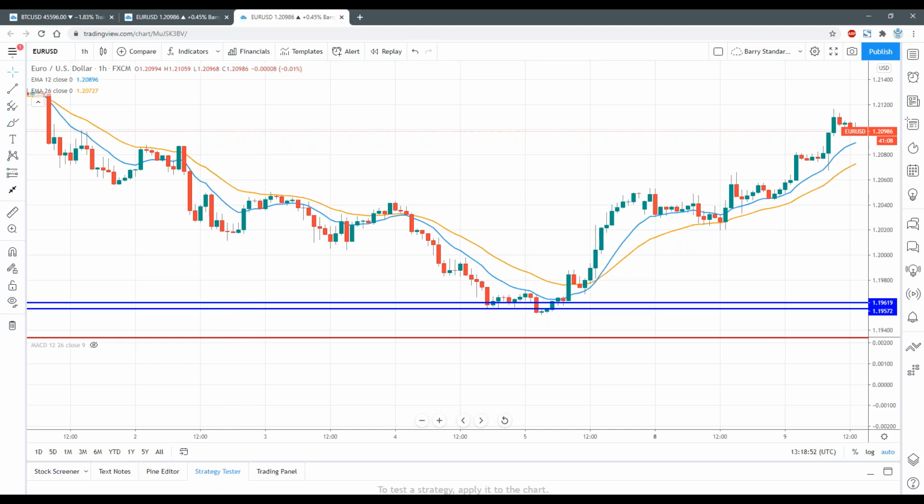So if we were to take this value here and subtract that value, we would always get a positive number when it crosses over, like here. I'm sorry, I've got them backwards here. The blue is our 12 period and our gold is our 26.